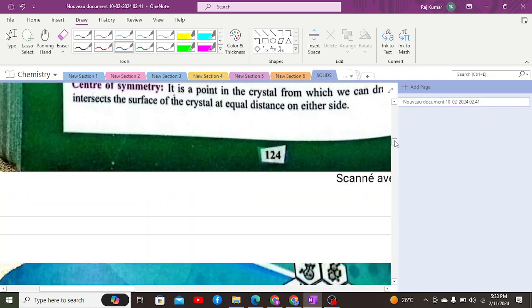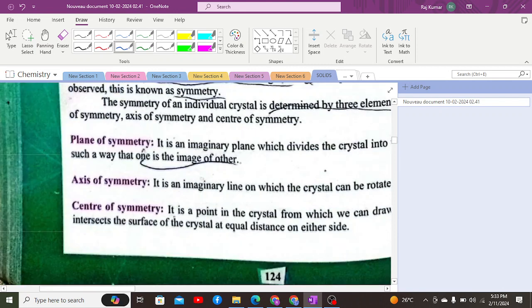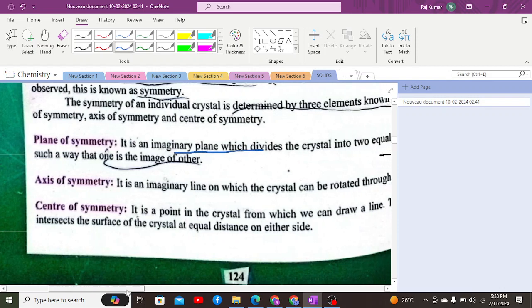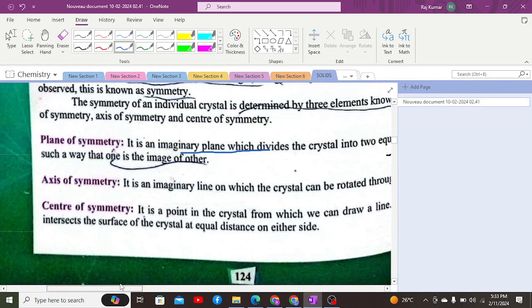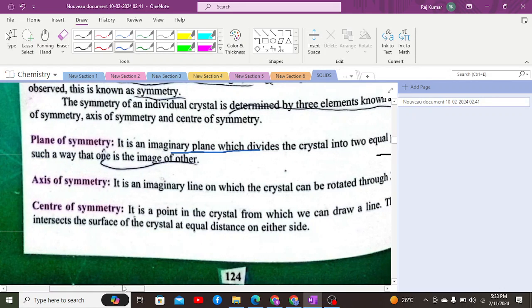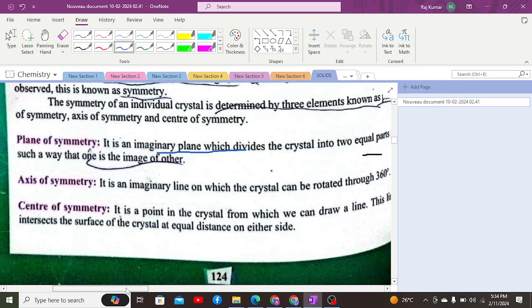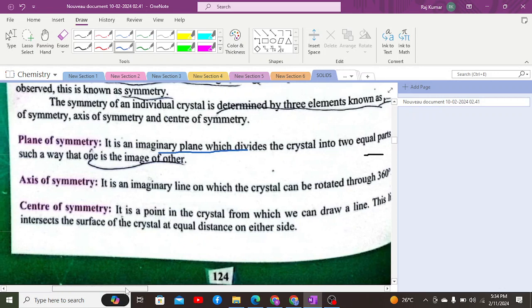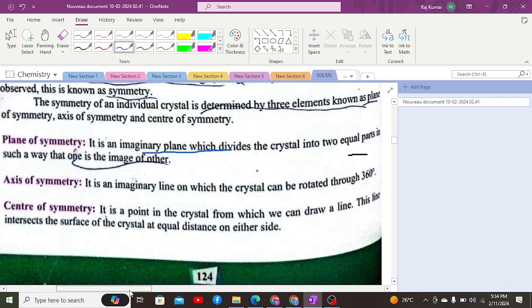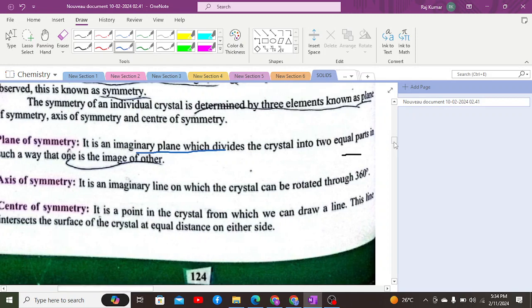Now there are some terms regarding symmetry. The first term is plane of symmetry. If there is an imaginary plane which divides the crystal in such a way that one equal part of that crystalline solid is the image of the other part, then that plane is known as a plane of symmetry.